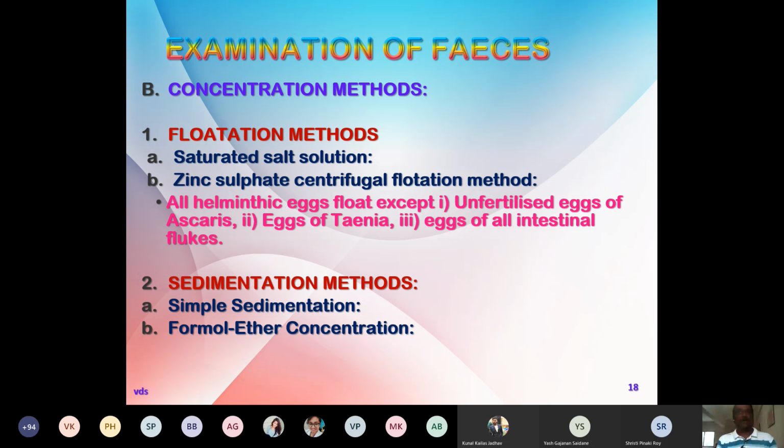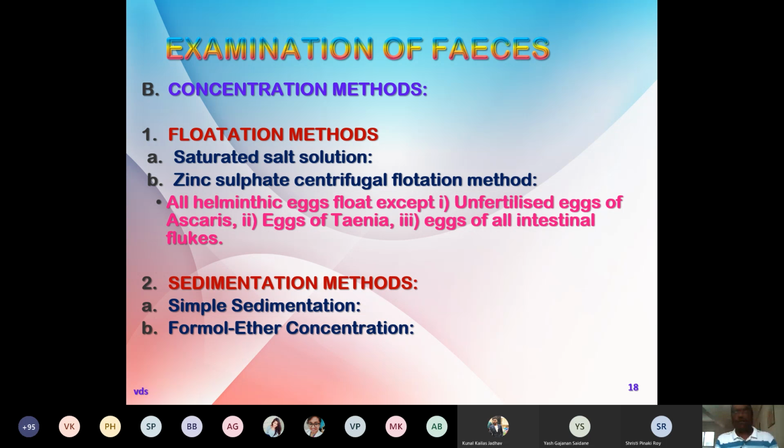which implies a suspension which has a density more than that of the eggs, so that the eggs float onto the surface of that suspension. For example, the first one, saturated salt solution.